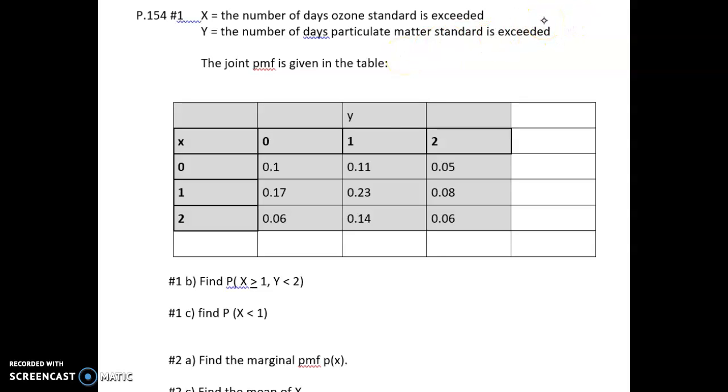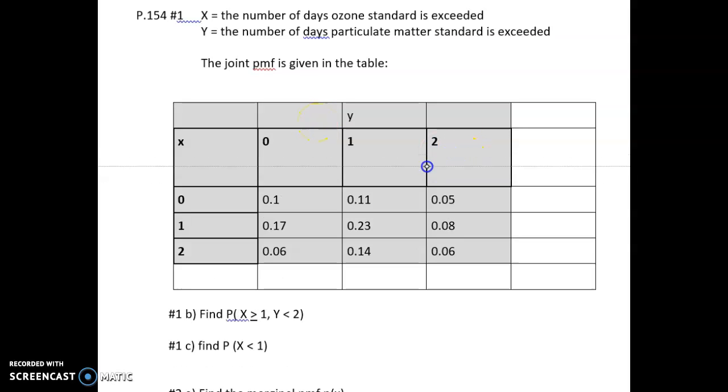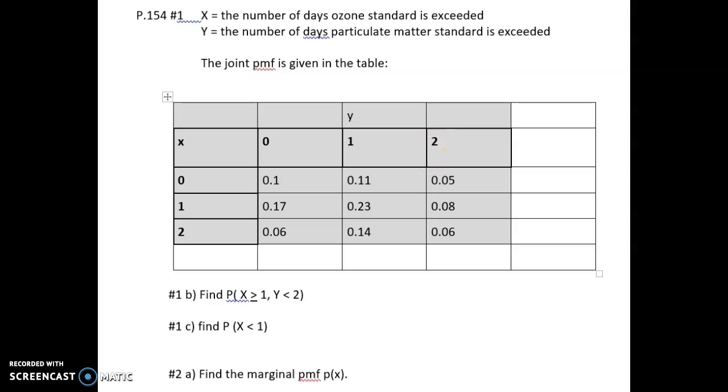Okay? So here in this table, this value of 0.05 is the probability that X is 0, that there were 0 days that the ozone standard was exceeded, but 2 days where Y, the particulate matter, was exceeded.